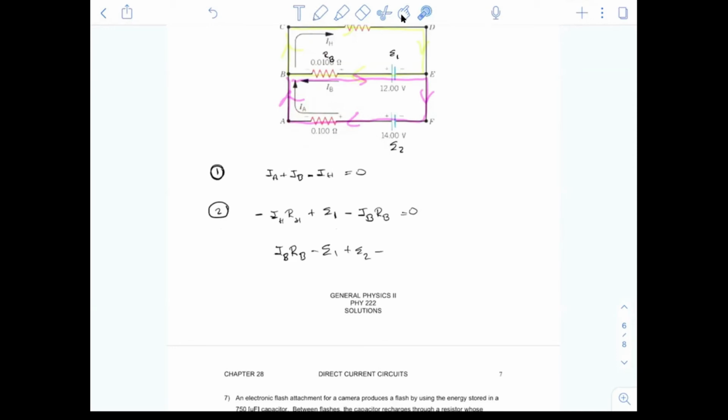Be mindful of the fact that this is the current from the alternator, and this is the resistance of the alternator. The loop is complete, and we hit the junction point. So this is your third equation. You've got 3 unknowns, and the only thing you need is 3 equations. That's it.